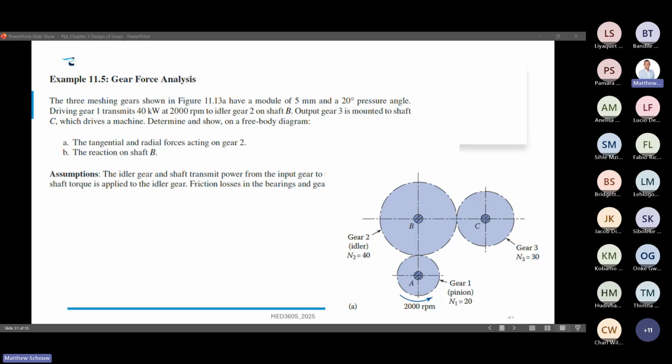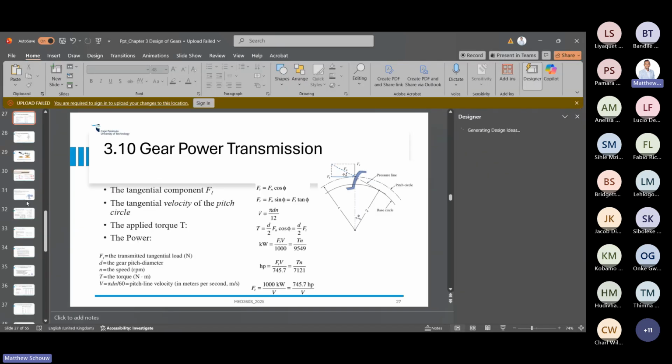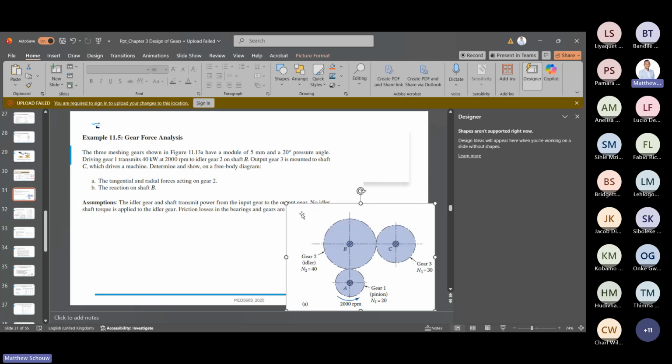What that is saying is that the idler gear has no torque, so it's going directly from the first gear to the output gear. Let me get it down for you and make it a bit smaller.